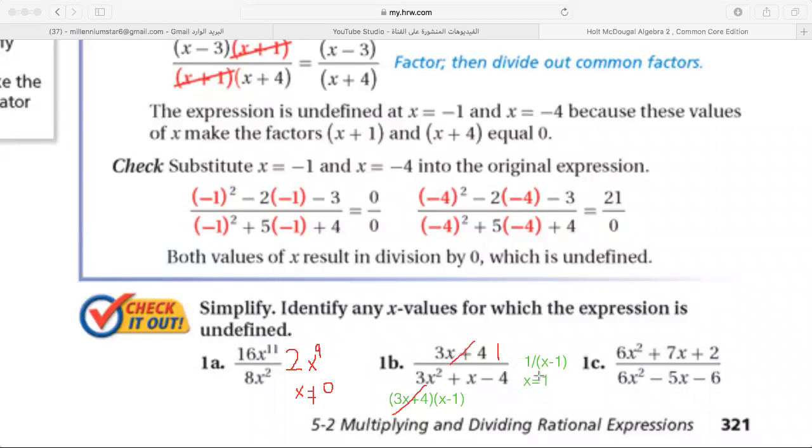Why is it not equal to 1? Because x minus 1 is equal to 0, so the value of x will be 1. So if I substitute it by 1, the expression will be undefined.